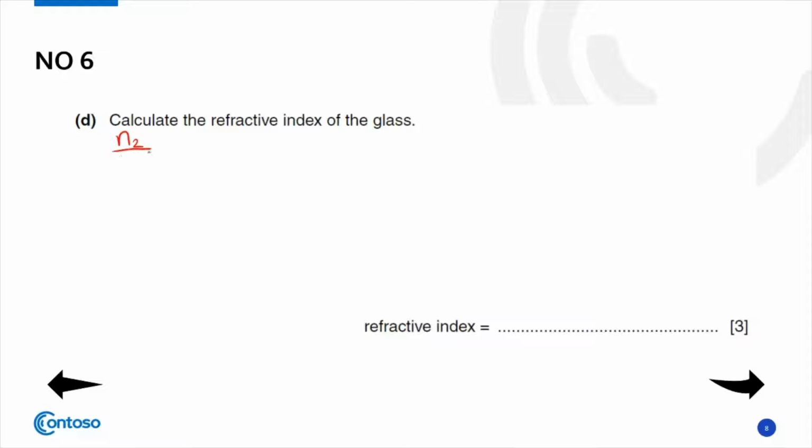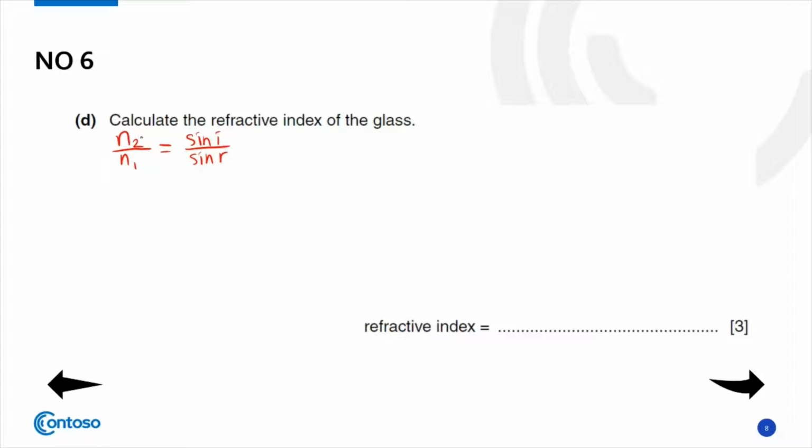N2 over N1 equals sin I over sin R. N2 is the refractive index of the second medium, N1 is the refractive index of the first medium, I is the angle of incidence, and R is the angle of refraction.